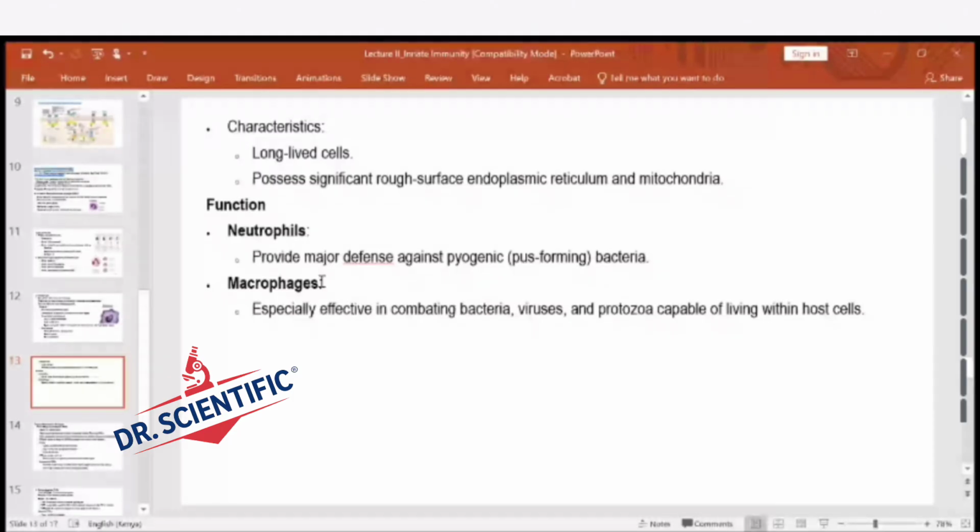The main role of macrophages is that they are effective against bacteria, viruses, and protozoa that are intracellular. So they will phagocytose the cell that is infected.